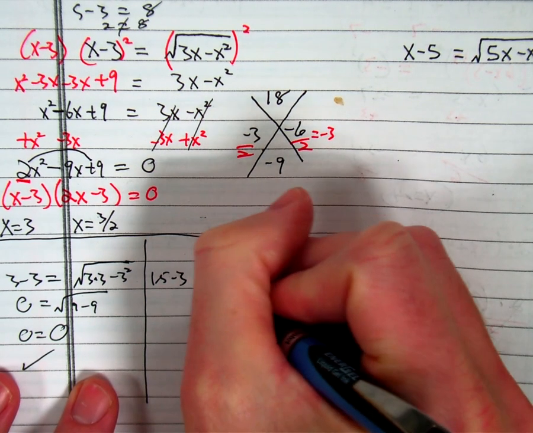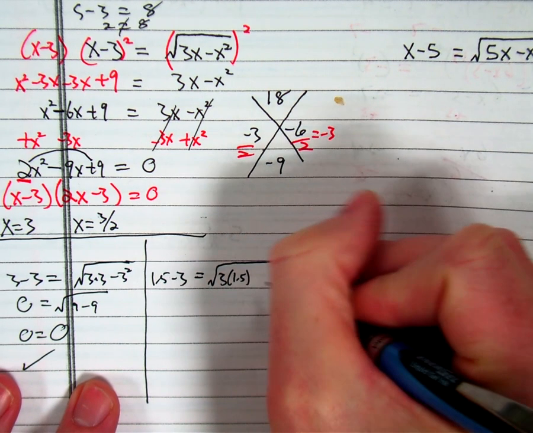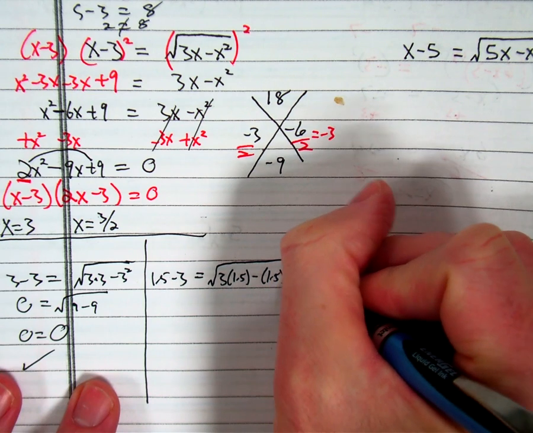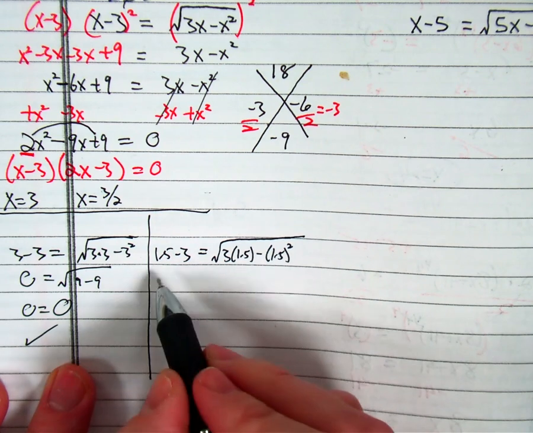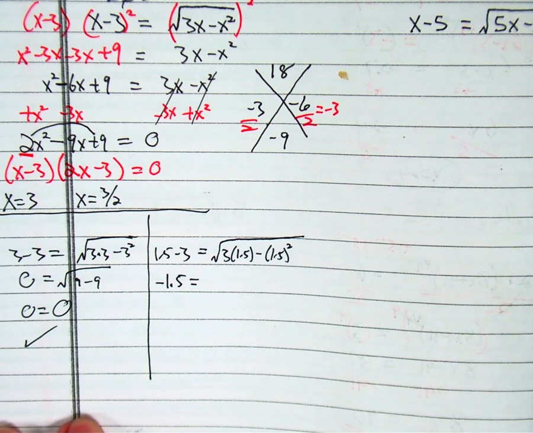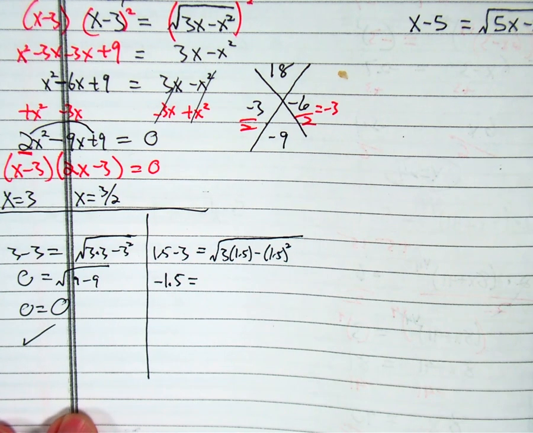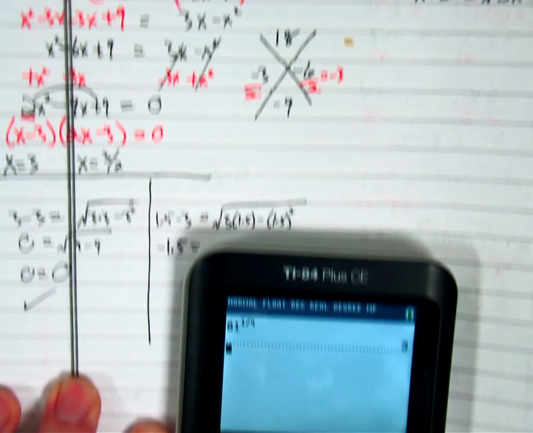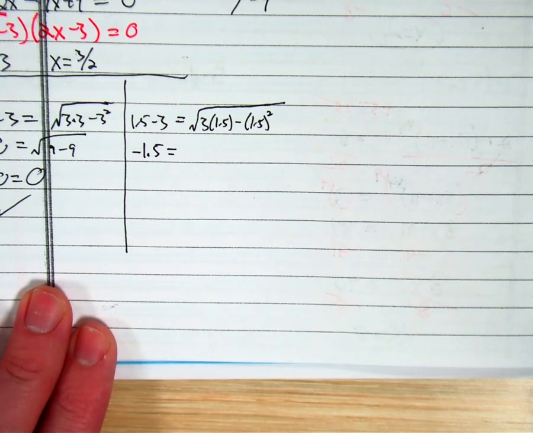1.5 minus 3 equals square root 3 times 1.5 minus 1.5 squared. Okay, 1.5 minus 3, we got negative 1.5. Now already I'm kind of leaning towards this one's not going to work because I got a negative equals a square root. Now for the inside of this one, I would probably use my calculator. 3 times 1.5 minus 1.5 squared is 2.25.